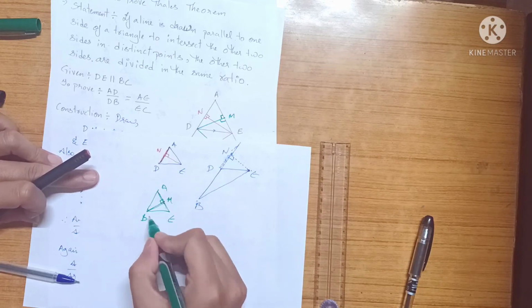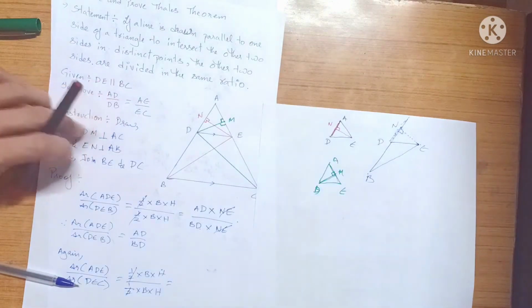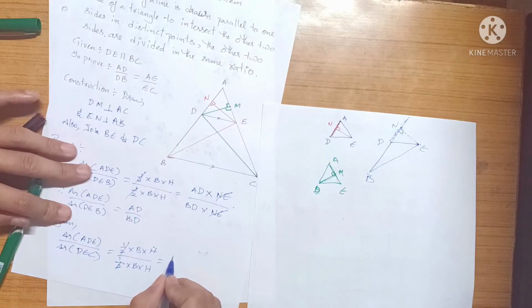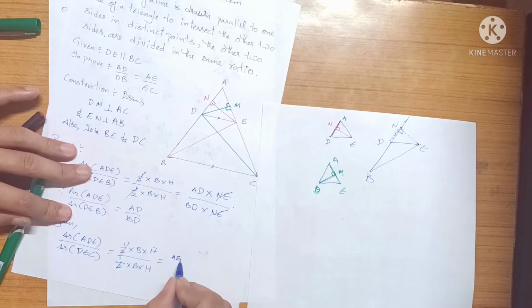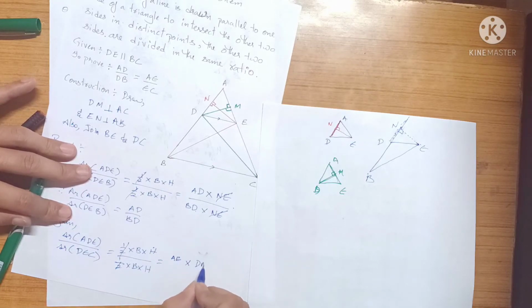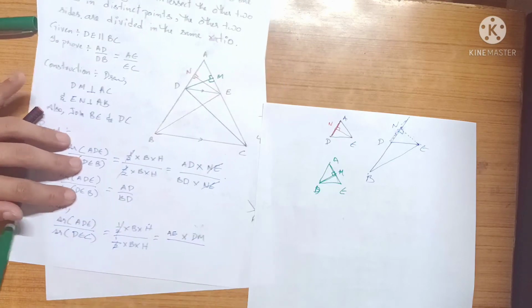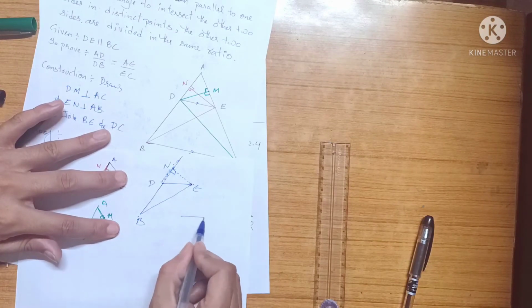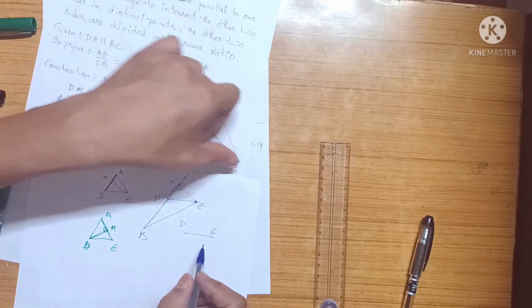If I take DM as the height, AE will become the base. So DM divided by, now DEC, we'll do the same thing. For DEC, DE is here, I'm drawing this one again, DEC.